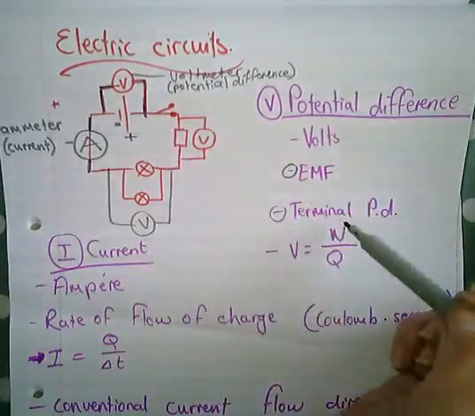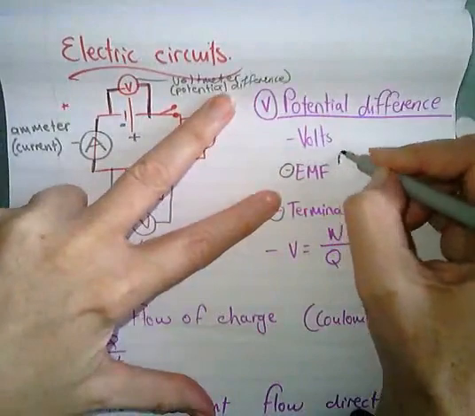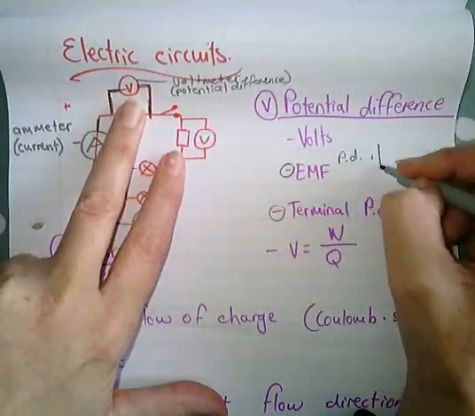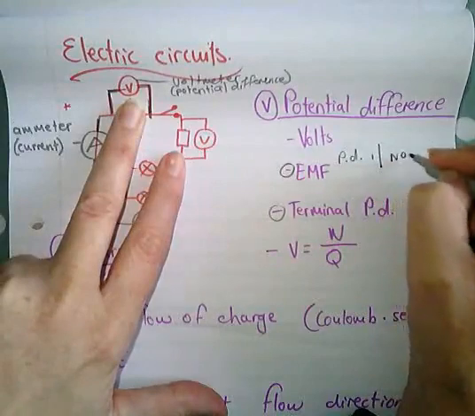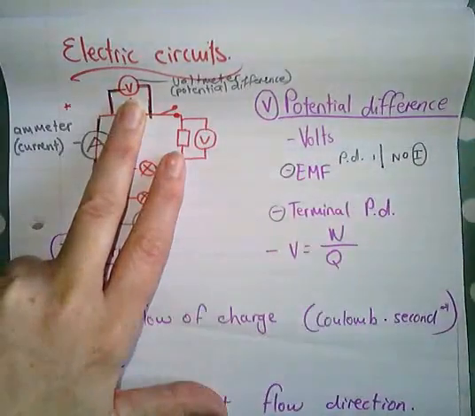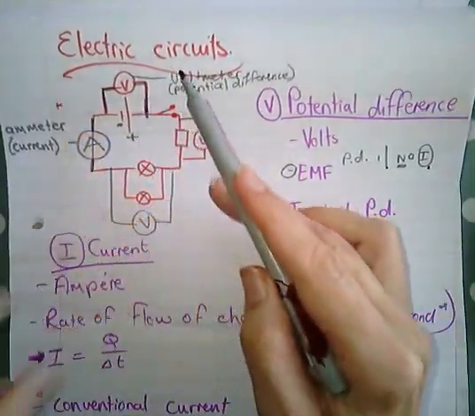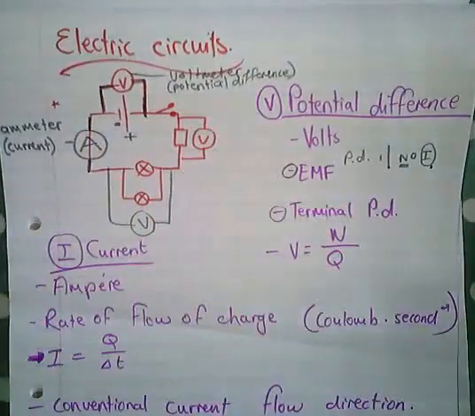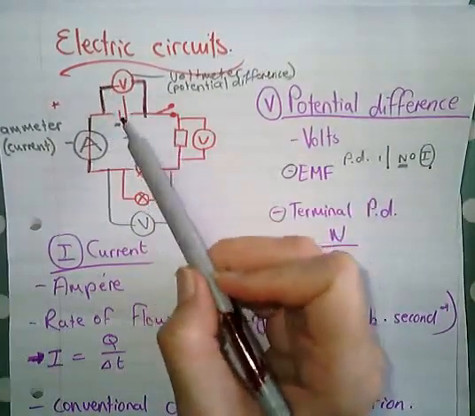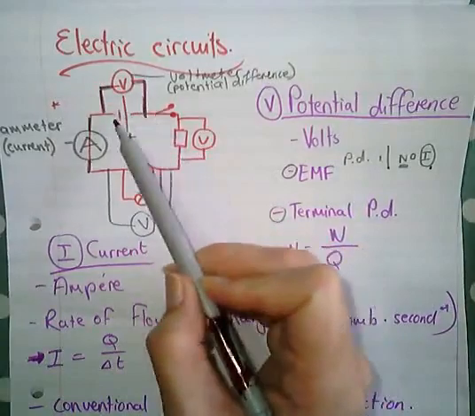The EMF is the potential difference measured across a battery when no current is flowing through the circuit. So we would measure the potential difference across a battery when no current is flowing.